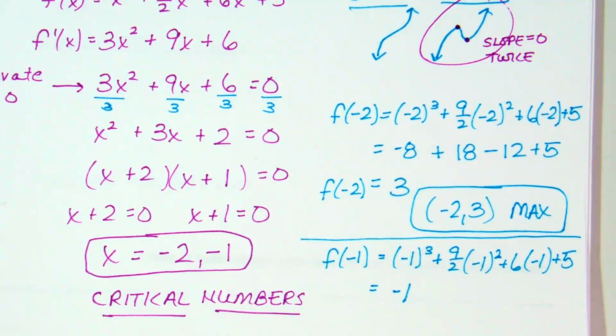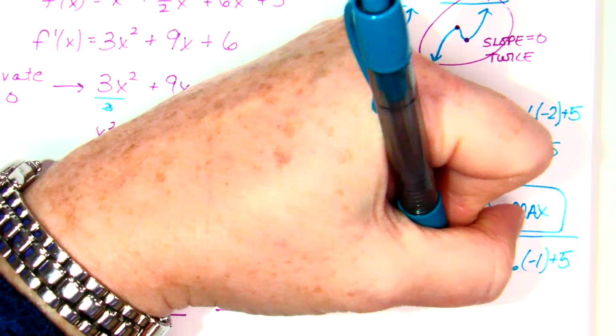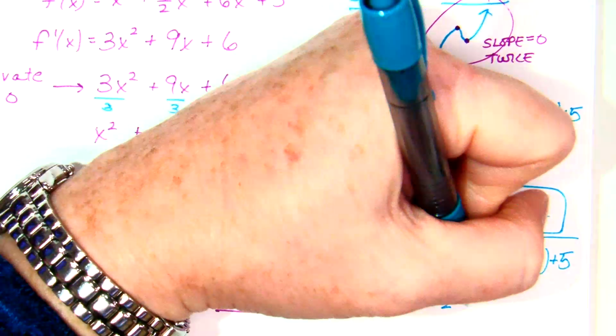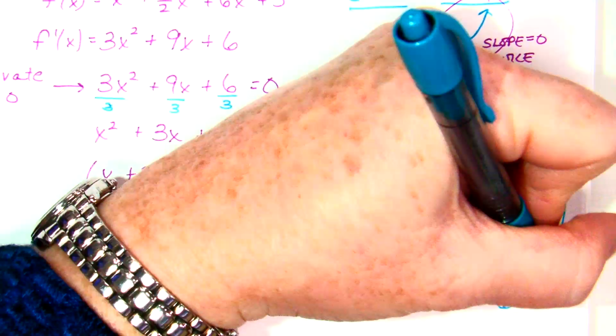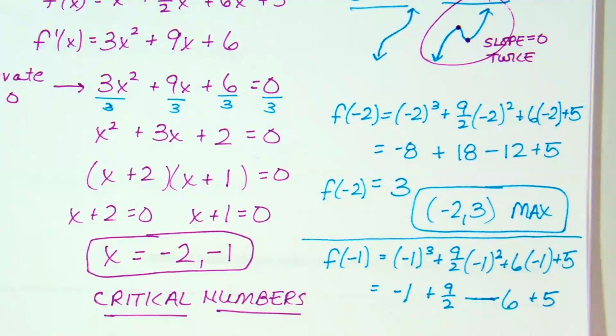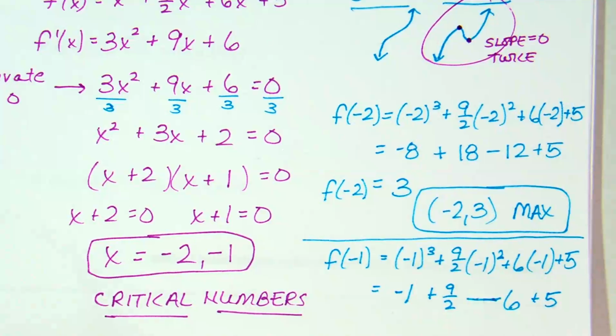Negative 1 squared is 1 times 9 halves plus 9 halves. 6 times negative 1 should be minus 6. I just wrote plus negative 6. Plus 5. It's a really big minus sign. That looks weird too.